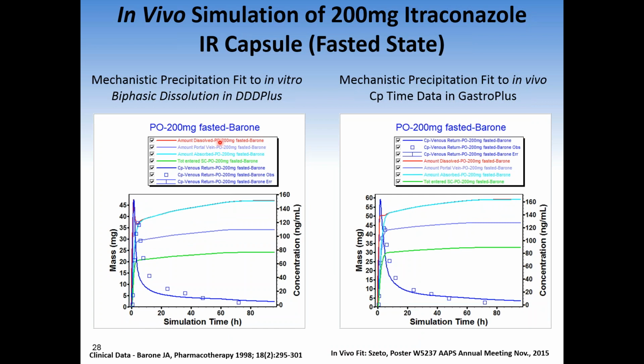On the left, you can see the Cmax is decreased, probably only about 10 or so nanograms per mL, using the in vitro parameters versus the right-hand side, which is the fitted parameters to the global data set.